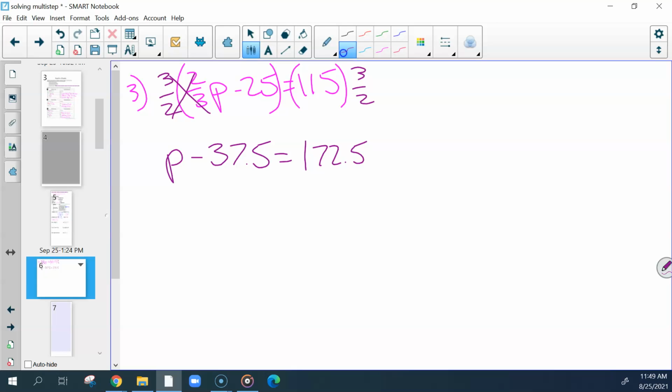Yes. That sounds right. And then add this. Now I did change this to a decimal, but if you left it as a fraction, it would be the same thing. I'm going to say this would still be 210.